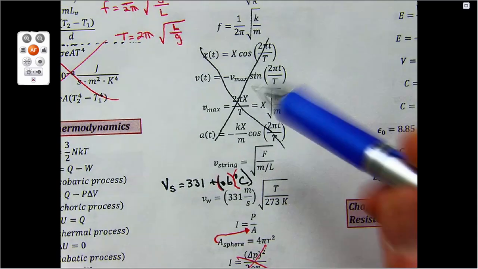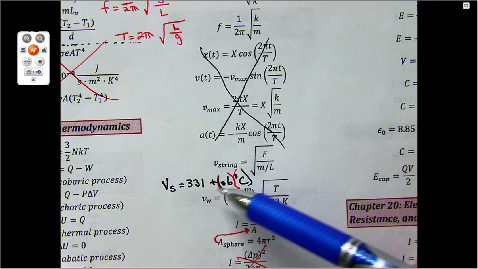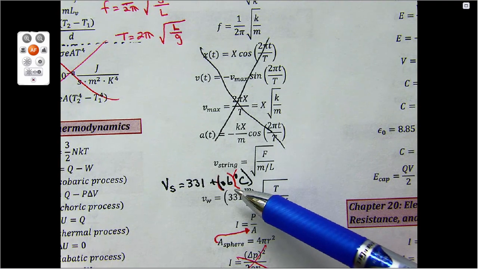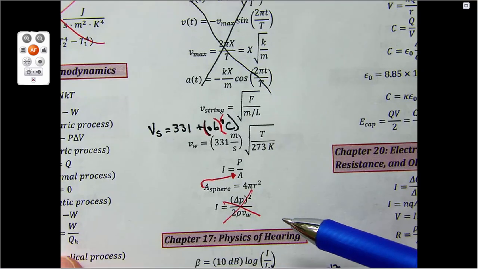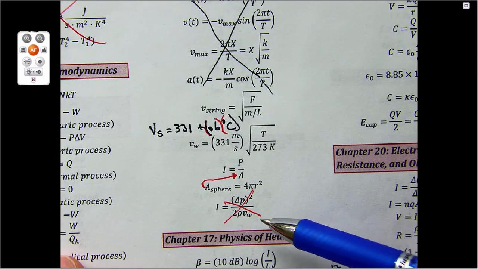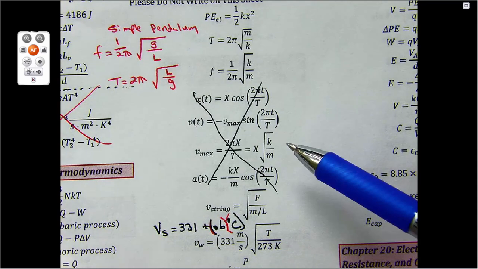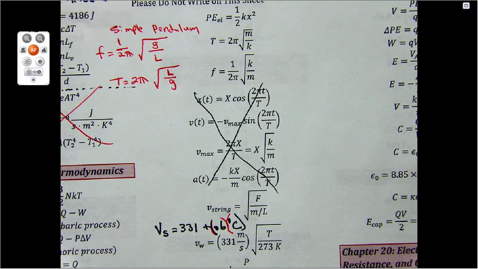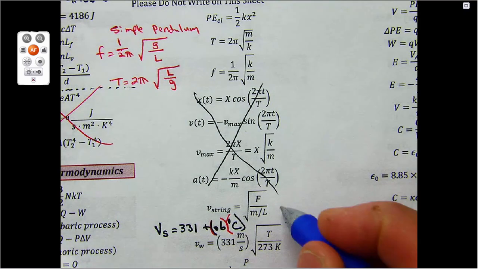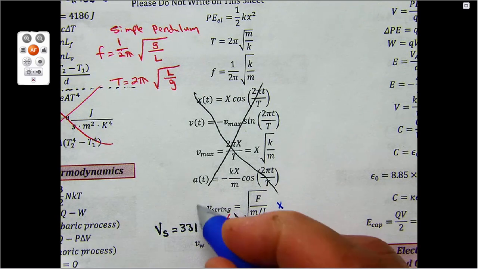Did we cross this out? We didn't use these. This is the equation we've been using for sound. Here's your velocity on a string. We'll use this, right?